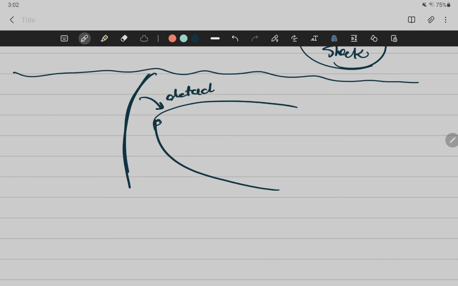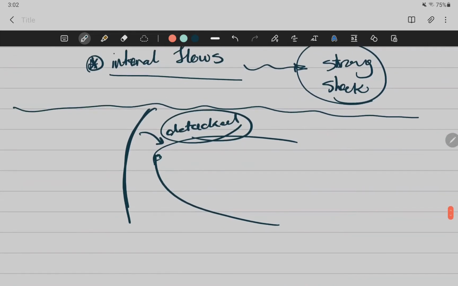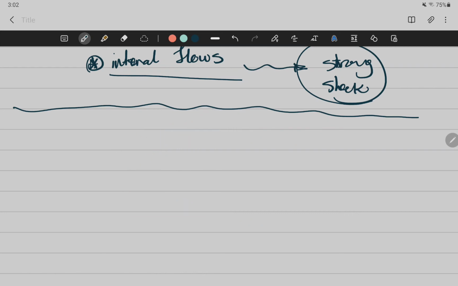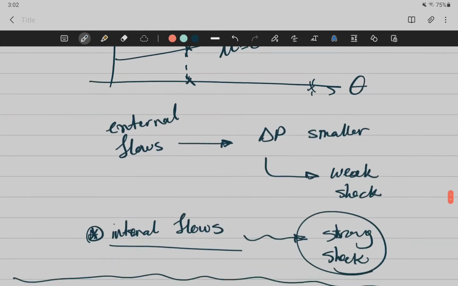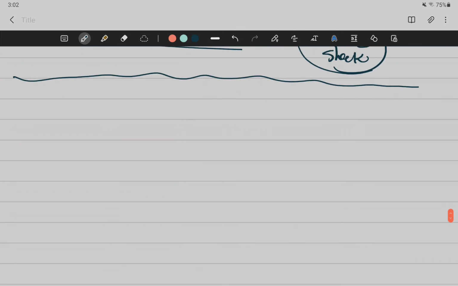It is detached from the body. So if you exceed this theta, your shock is going to detach from the body, right? That's what it means. If you had a condition with a theta that exceeds any of these lines, you are going to have a detached shock for that specific geometry, that specific case.